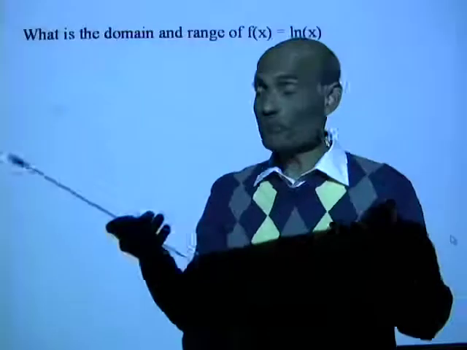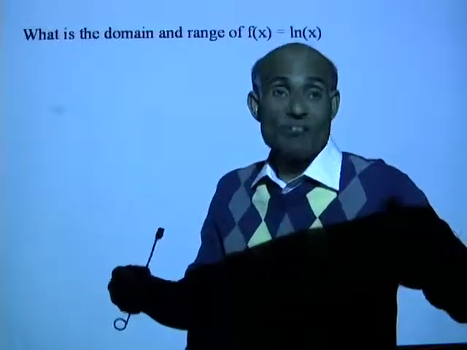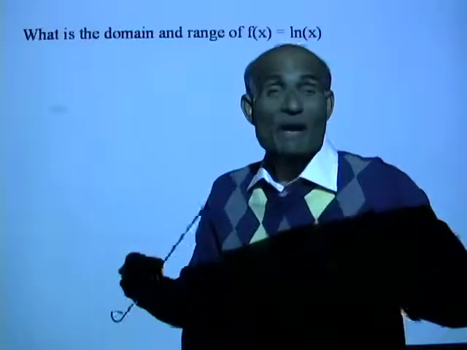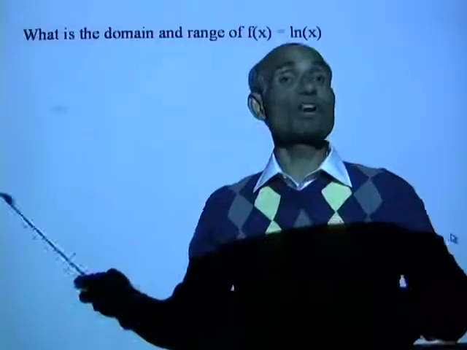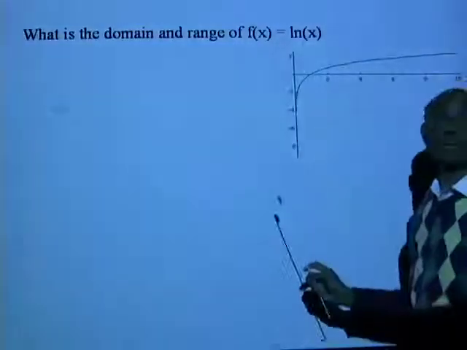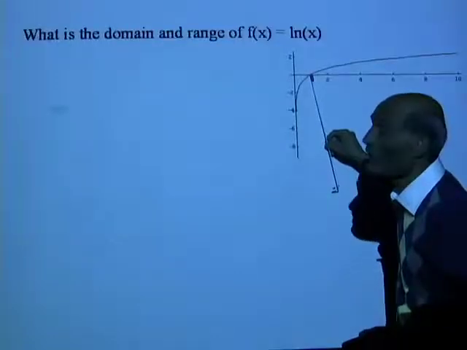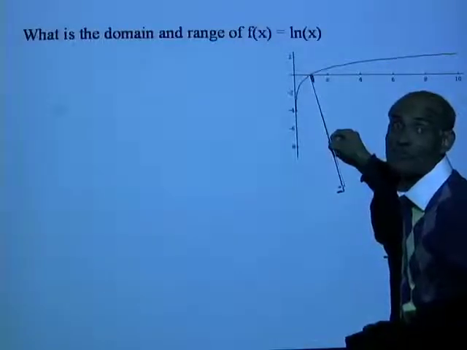If you go back and look at how logarithmic functions are defined, you will understand why ln of 0 is undefined. Now look at the graph of f of x equal to ln x. If you notice, ln of 1 is 0.